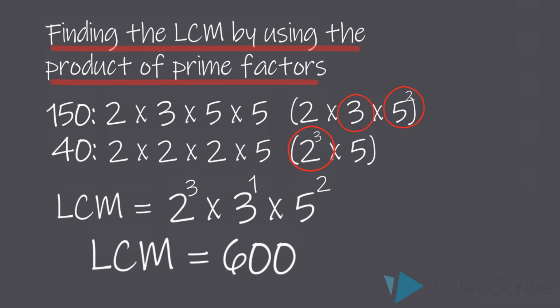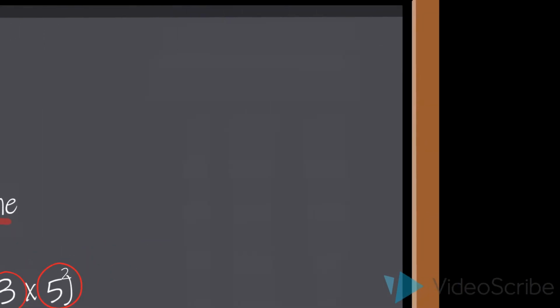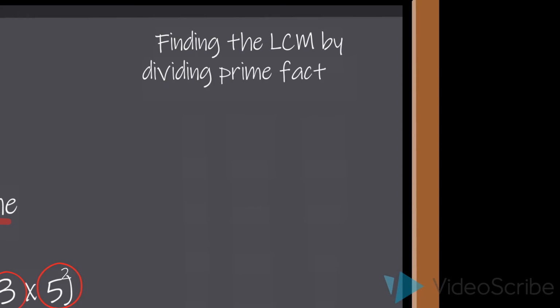The final method we can use to solve the LCM uses prime factors again, combined with division. We're going to create 2 columns and write our numbers at the top of the right column. On the left, we're going to use prime numbers to divide each number down to 1.